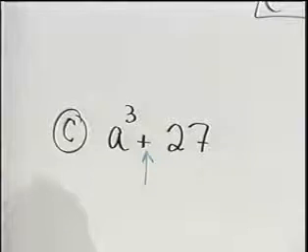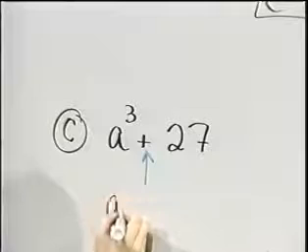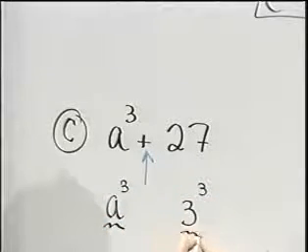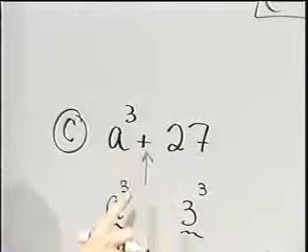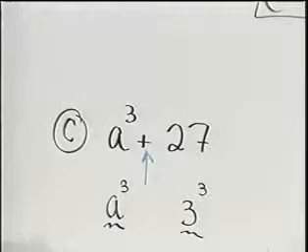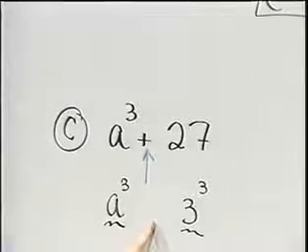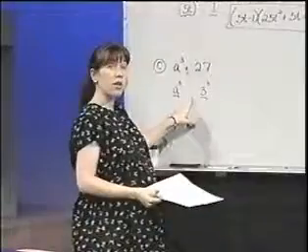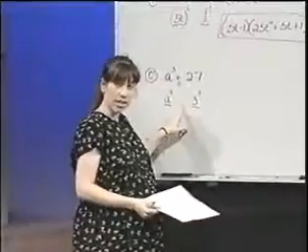However, if you have cubes and a plus, you can factor it. This is an a cubed. This is 3 cubed. This is a plus, and you can factor this. And in fact, we have a formula for this called the sum of cubes formula, which I want to pull up on screen really quickly, okay?